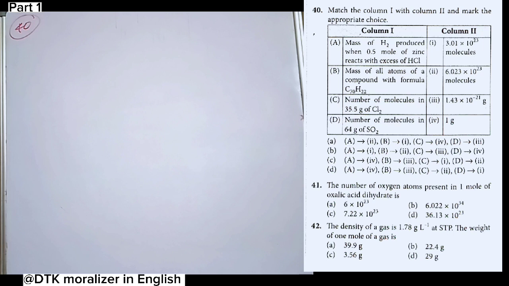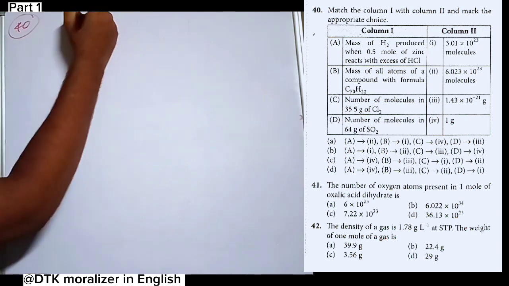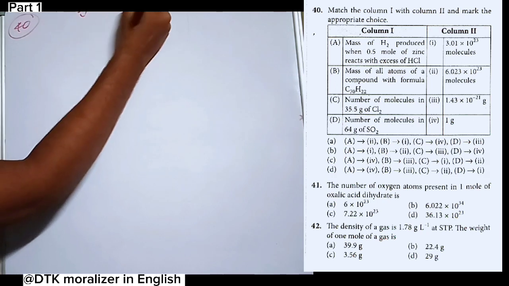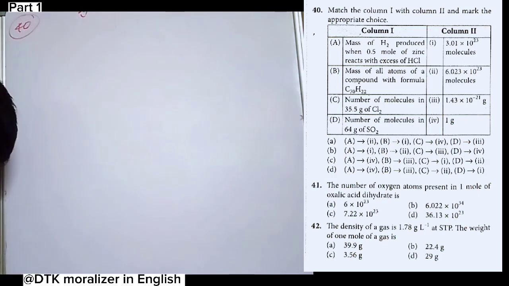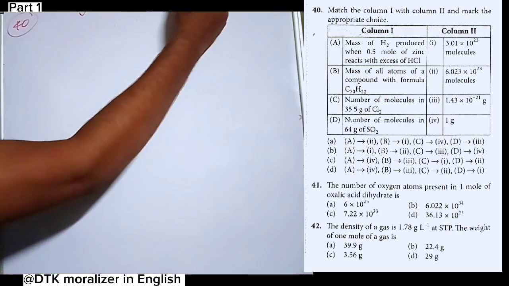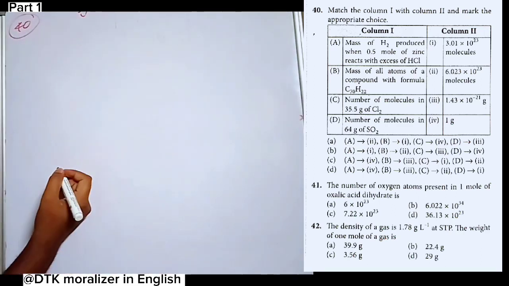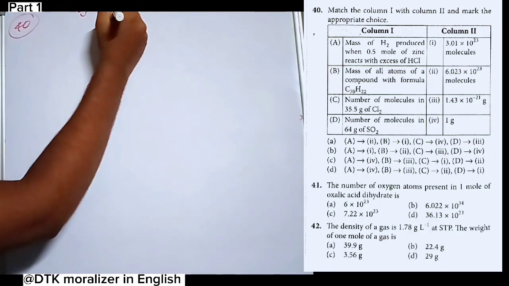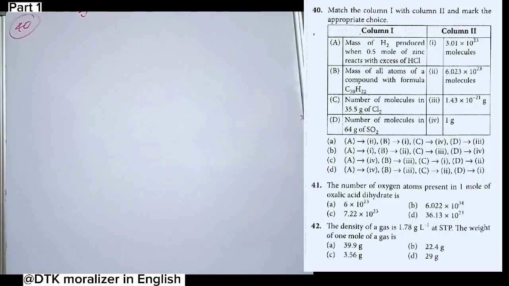Now question number 40. We have to match them. Matchings are given here. Mass of H2 produced when 0.5 mole of zinc reacts with excess of HCl.